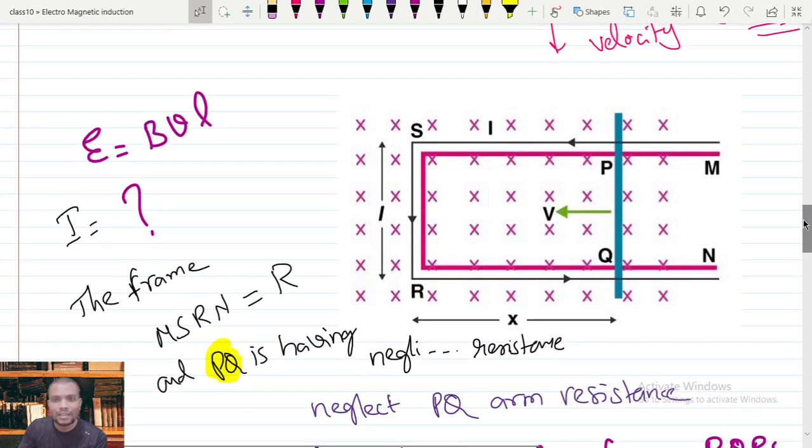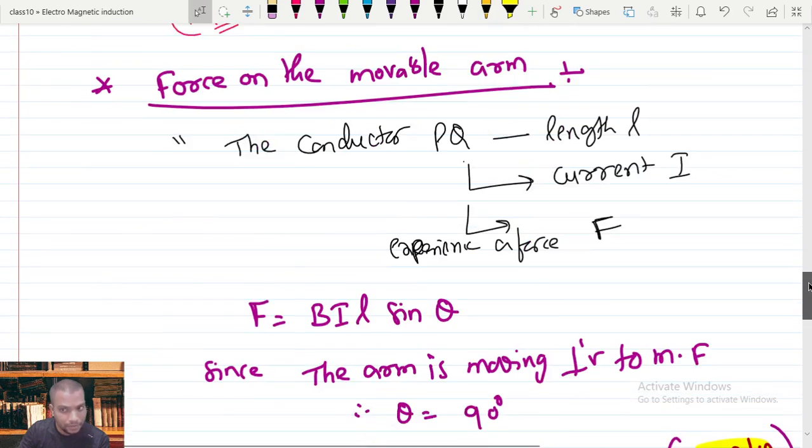Why? Because of Lenz's law, when the arm has velocity towards the right, there is a force acting opposite to the velocity. That force causes a decrease in the velocity. If the velocity decreases, the induced current decreases. That should not happen. So to maintain constant velocity, the external force should apply power.